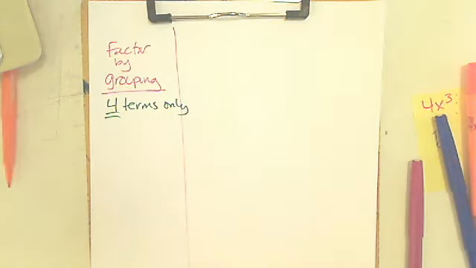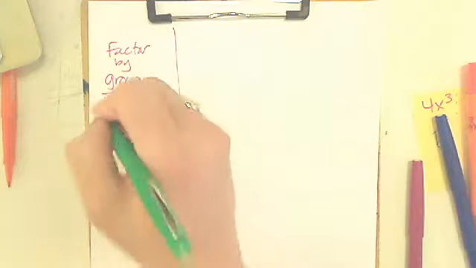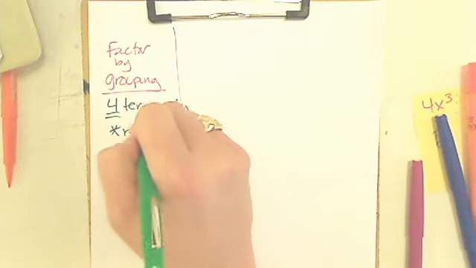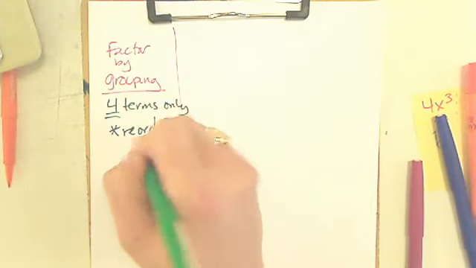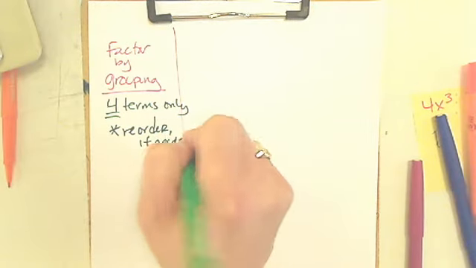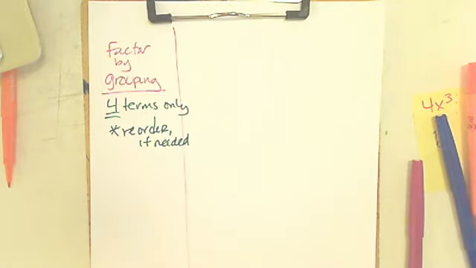Not 3, not 2, not 1. 4 terms only. Let me give you some directions first. Reorder if needed. Reorder means to put in power order from highest power to lowest power.